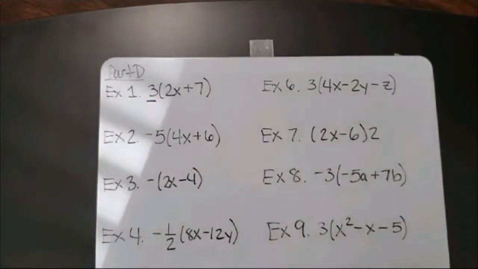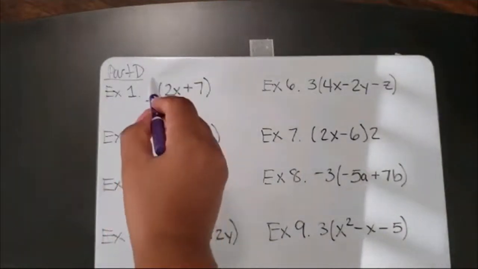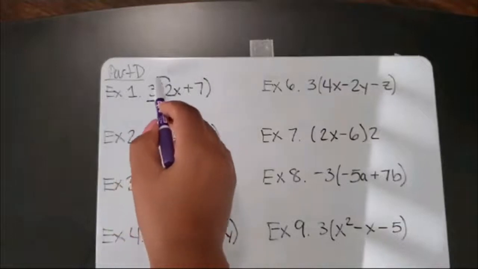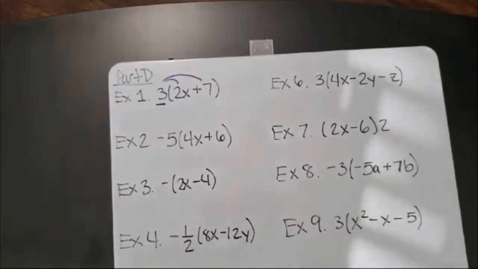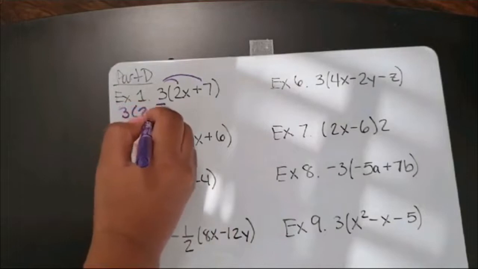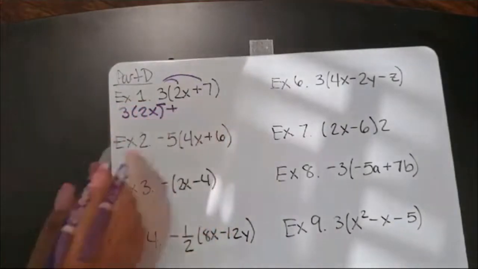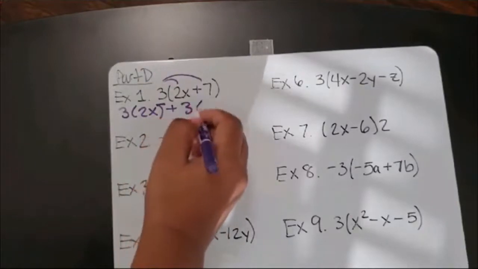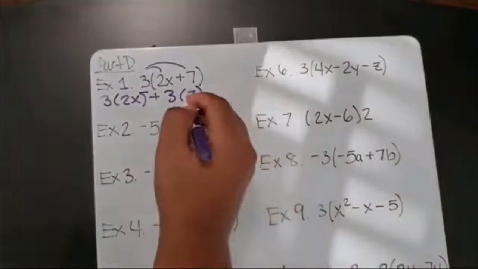So if we look at example 1, this 3 out front has to be multiplied by the 2x and by the 7, all right? So we first need to think about what is 3 times 2x, and then we keep our plus sign, and we have 3 times 7, all right?